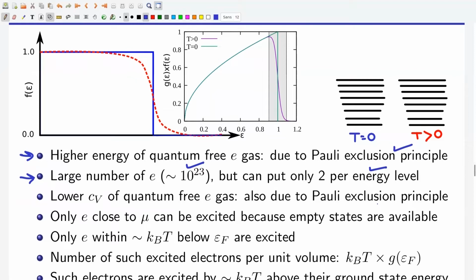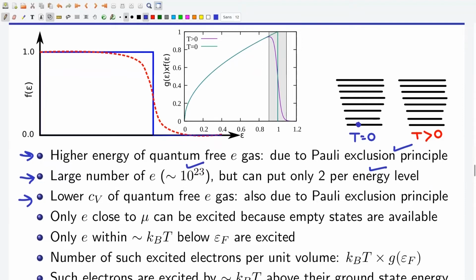Now, let us convince ourselves that the lower CV of quantum free electron gas is also due to Pauli's exclusion principle. Let us assume that these are the energy levels that we need to fill, and let us try to do it at t equal to 0 and t greater than 0.